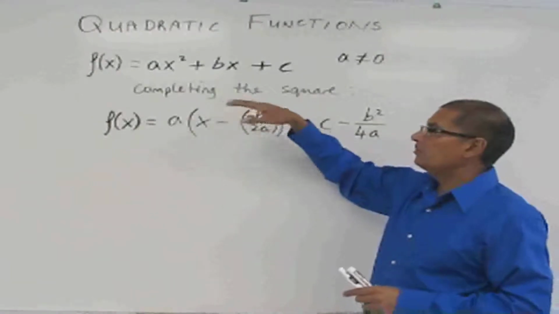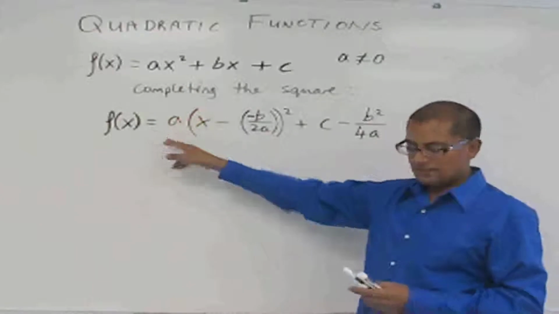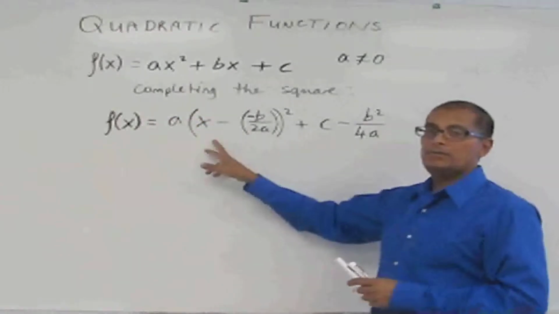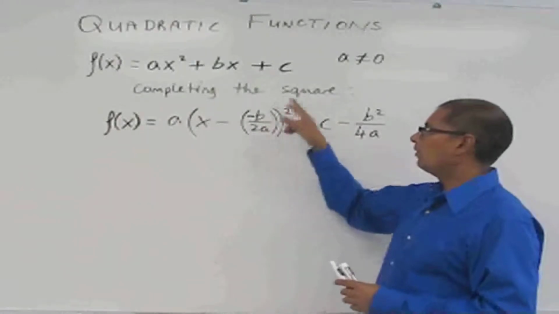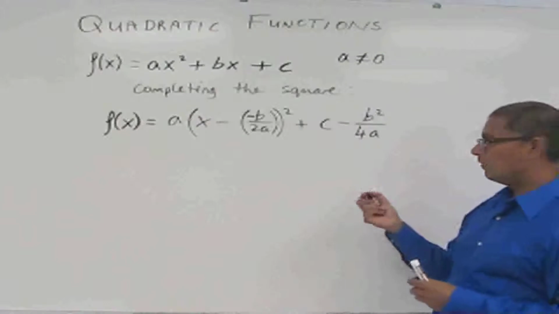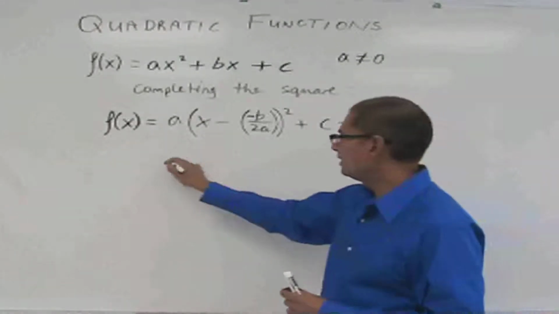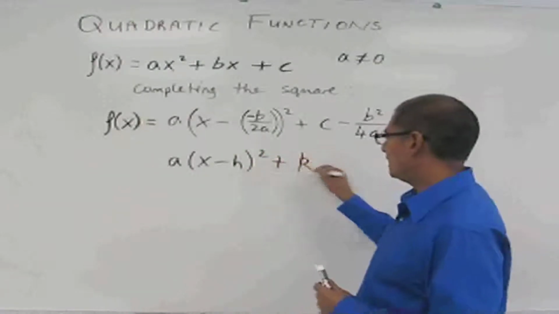But if you complete the square on this function, it can be shown that the function is actually equal to a times (x minus negative b over 2a) all squared plus c minus b squared over 4a. Now let's compare that with a times (x minus h) squared plus k.